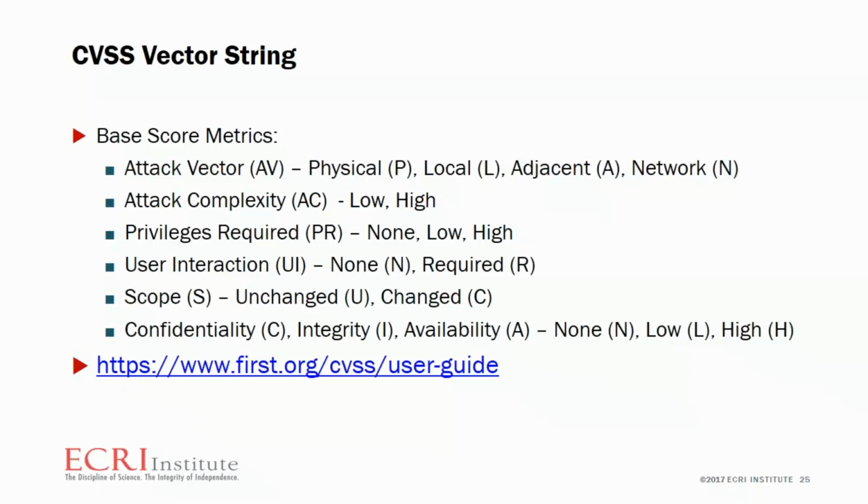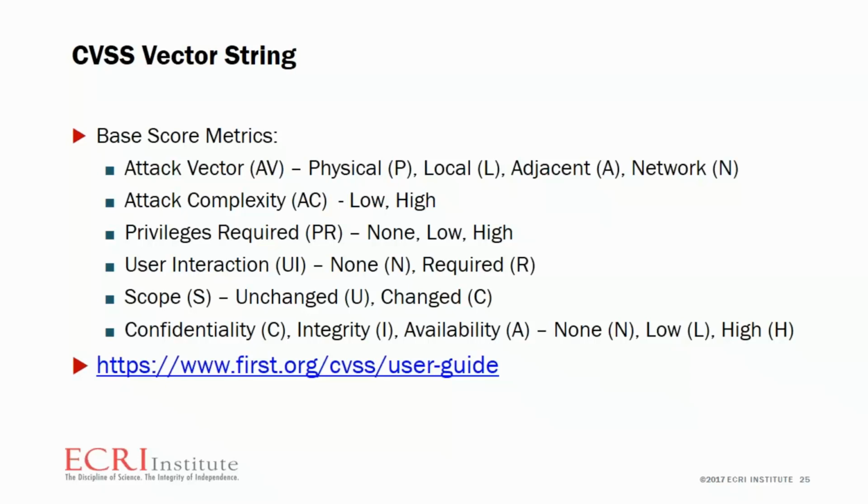User interaction: can a worm affect this, or does this have to be a human attacking the system? And scope: whether or not the vulnerability is contained, or whether you can elevate your privileges and move on to the overall system.